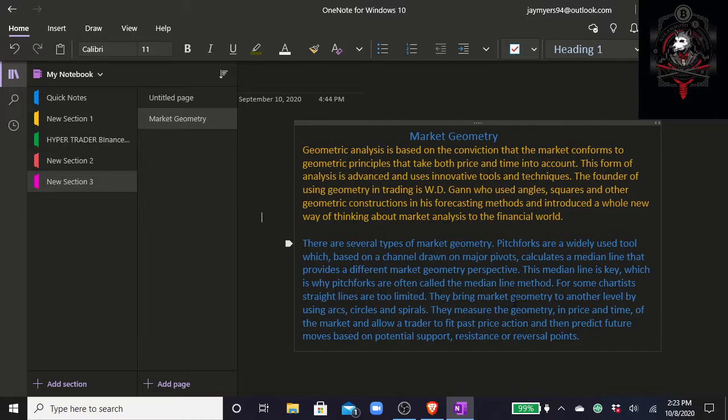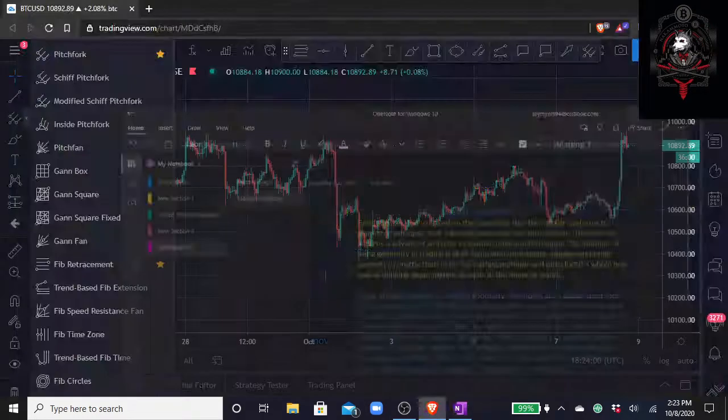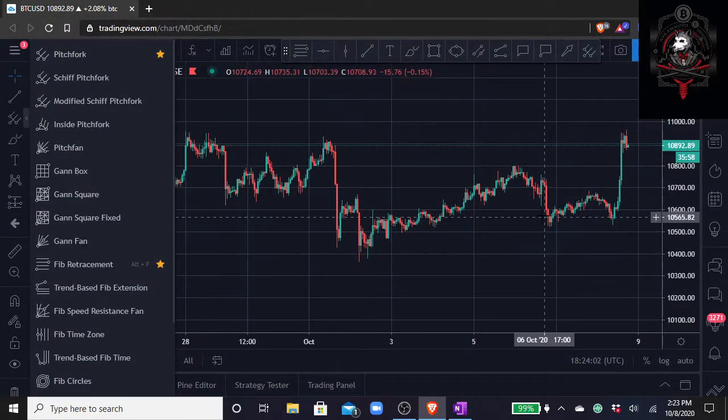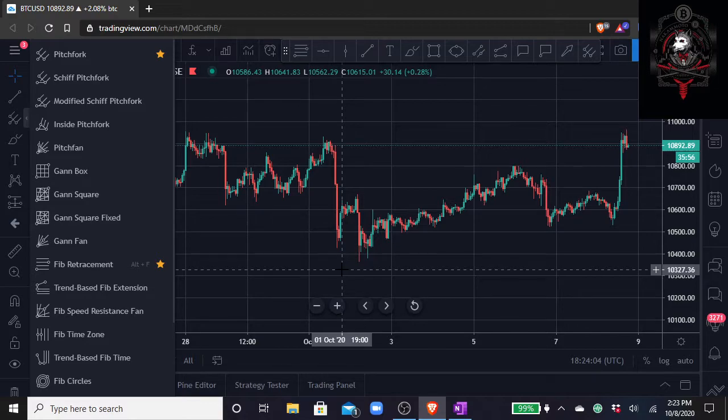I will touch on how to draw them and what you're looking for, but basically you're just finding a pattern that repeats itself in market geometry. These patterns form over time, especially if you trade a higher time frame like the daily or monthly chart.